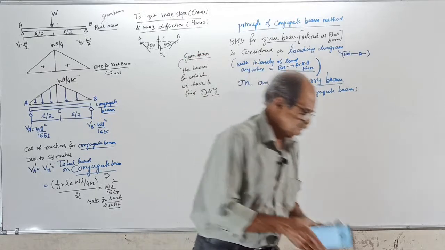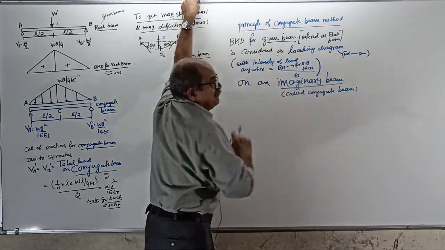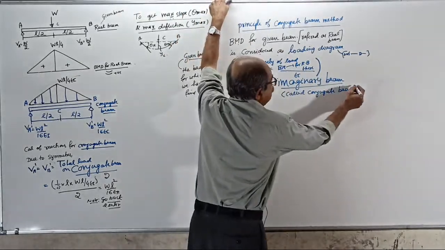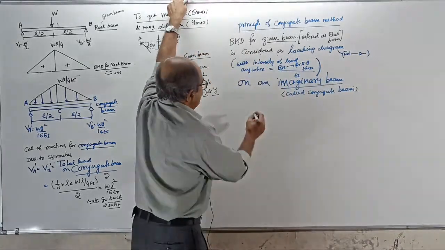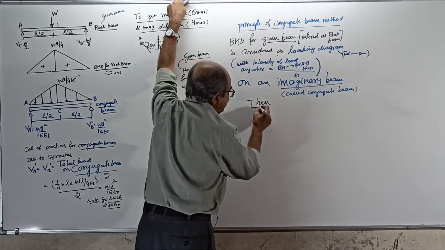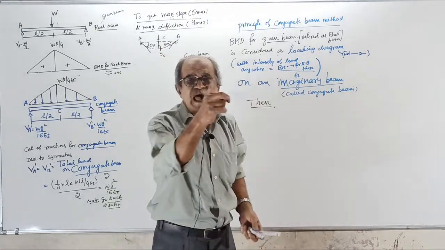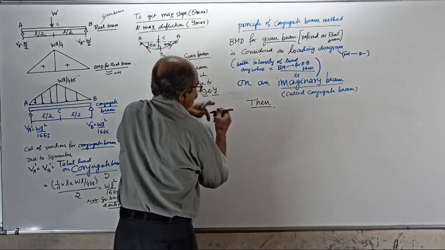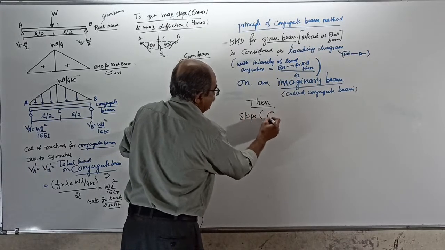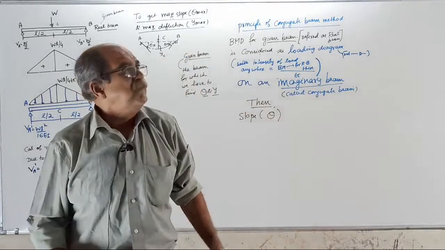Clear? Okay. See, on an imaginary beam, that imaginary beam is called conjugate beam. Then, if you do that way, slope, that is theta. Slope is denoted by theta.